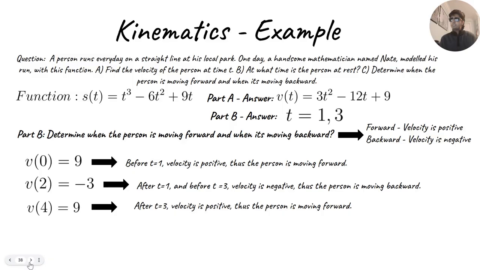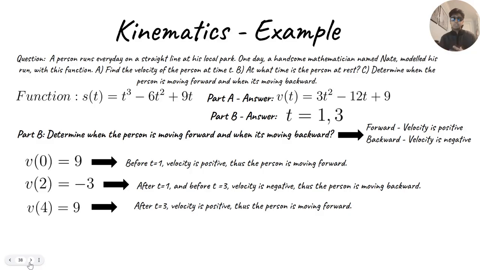So essentially, the very first step is that we need to figure out that at times 1 and 3, our velocities are 0. However, before that, our velocity is either positive or negative. So we have to plug in the velocity values before 1, in between 1 and 3, and after 3.